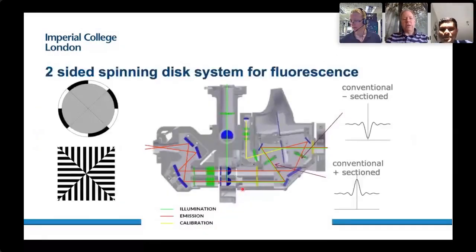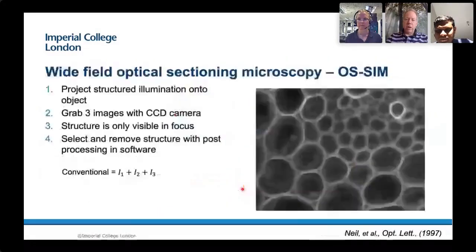Well, if we were to look at the way this works, we illuminate with a grid, we pass that back through our disk, and we can see the difference between in focus and out of focus light, but we can also still see the grid. That's why we have to take 3 images, and process those as you would do in a super resolution SIM system.